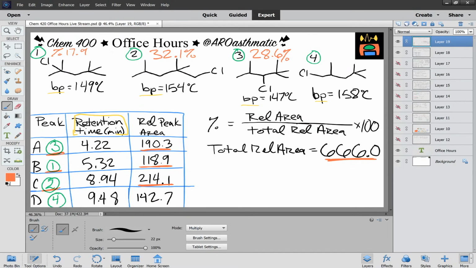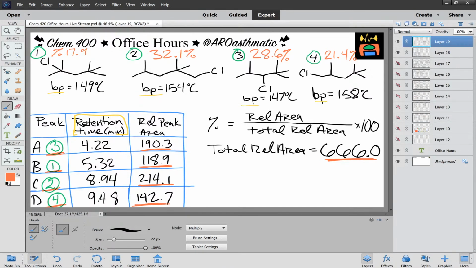And then for number 4, 142.7 divided by 666 times 100 is 21.4%.